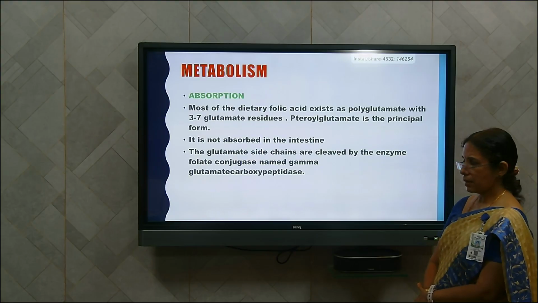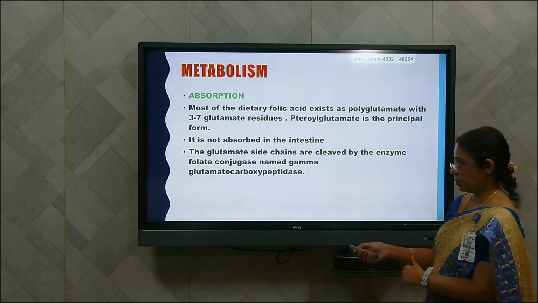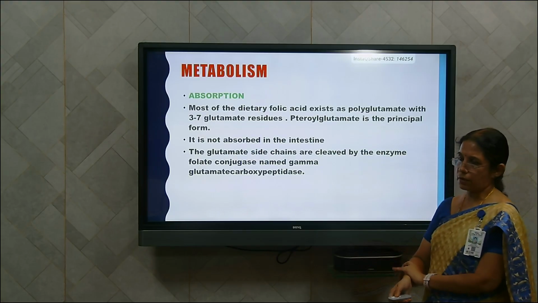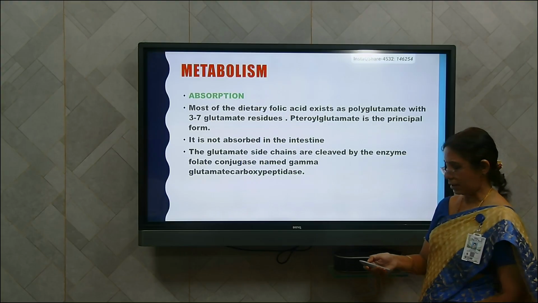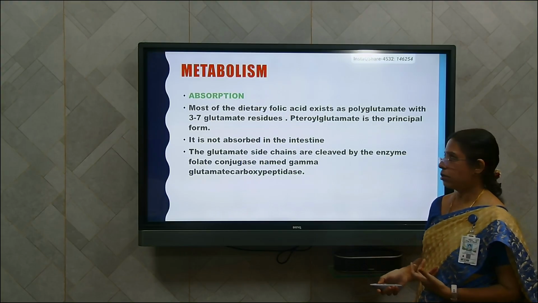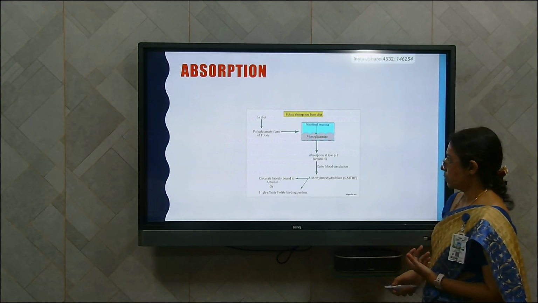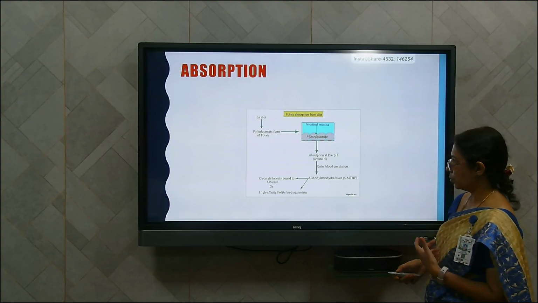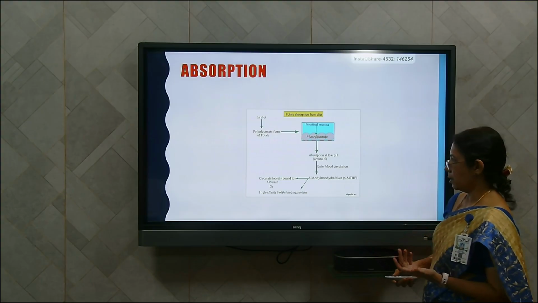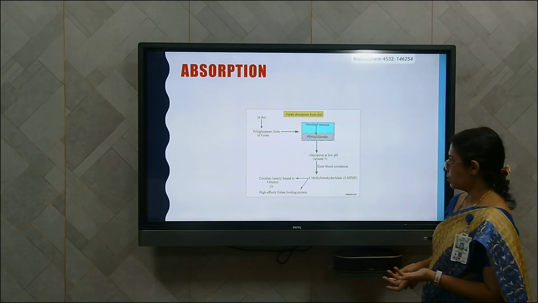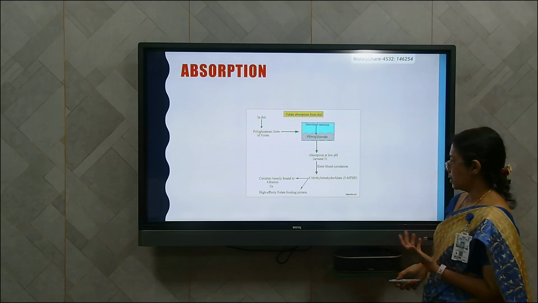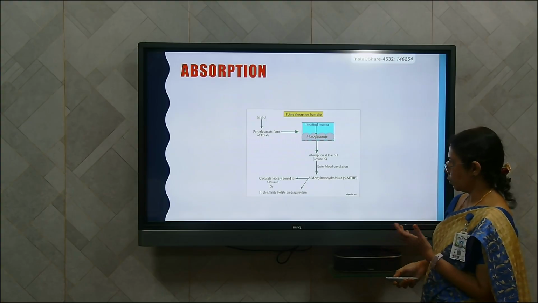Whenever there is any zinc deficiency, the enzyme is not actually produced in adequate amounts, therefore it will hinder the digestion of folate. So here in this figure you can see through the diet we are taking the folate in the form of polyglutamate, and it has to be hydrolyzed in the intestinal mucosa to monoglutamate form.